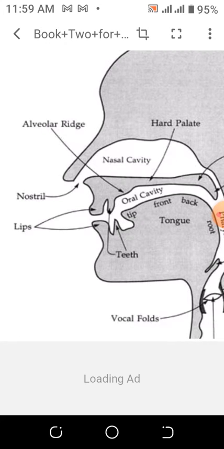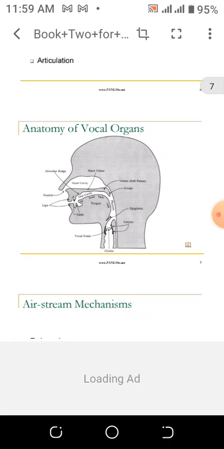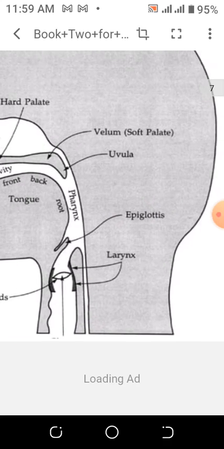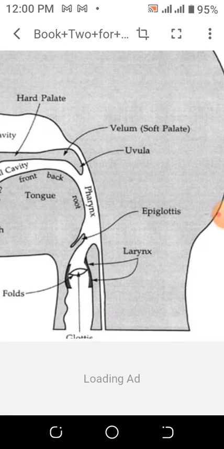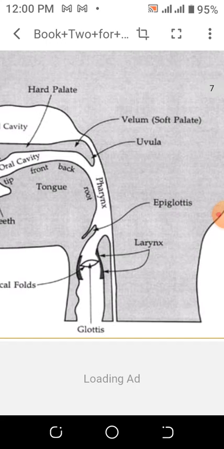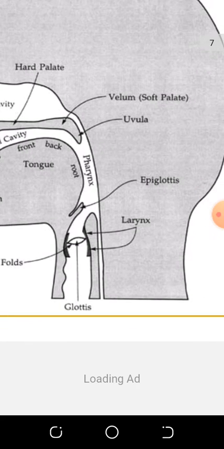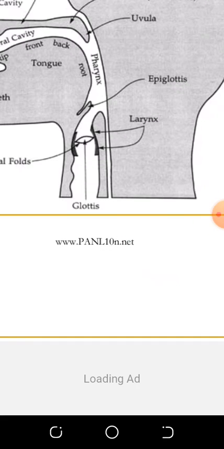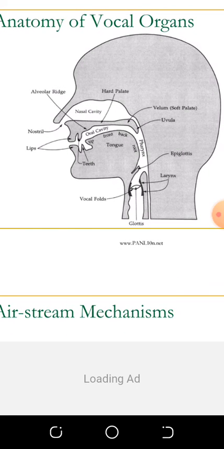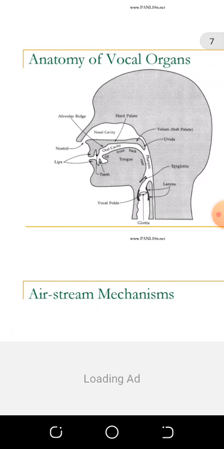Here we also have the soft palate, the uvula, the pharynx, the epiglottis and the larynx. In the larynx are the vocal cords, and you can see the glottis here. These are the places where different sounds are generated in our mouth.